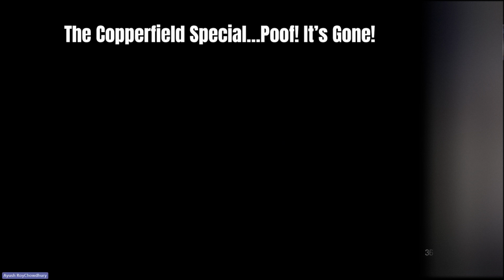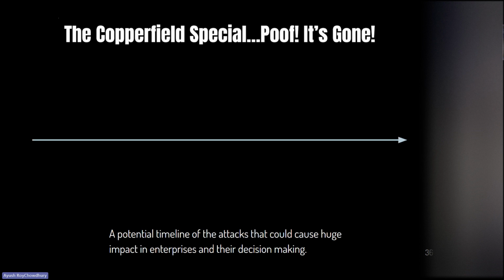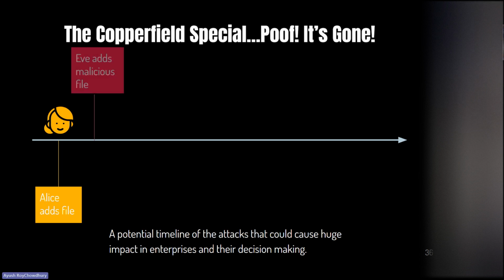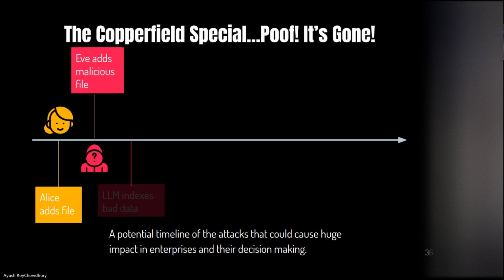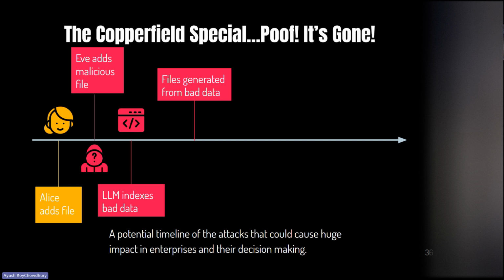And so we were presenting this at Las Vegas, and we called this attack the Copperfield Special, because the timeline is that Alice adds a file, Eve adds her own malicious file, and the large language model indexes the bad data, or gets the bad data grounded to it. Bob uses that response to generate further files from bad data.